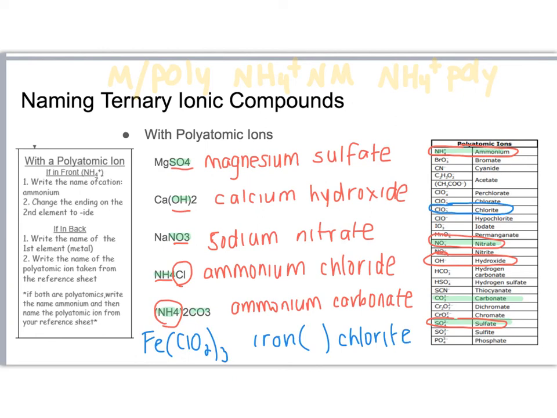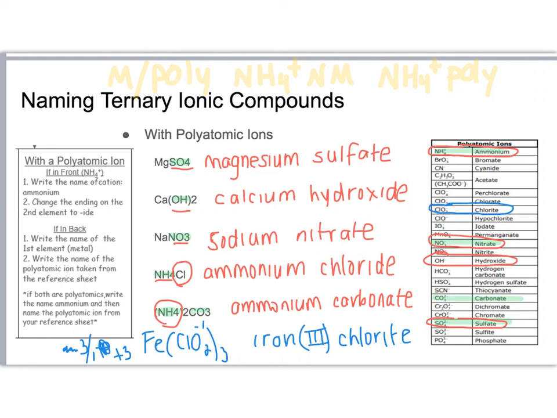And just like before, I'm going to come up with the charge of chlorite, which is -1. I know that there are 3 of them, so that would give me a -3 total charge. I'm going to make that a positive number, and then I'm going to divide that by the subscript of the metal, and that would tell me that the charge of iron is +3, and I could write that in the parentheses. You can also use the shortcut.